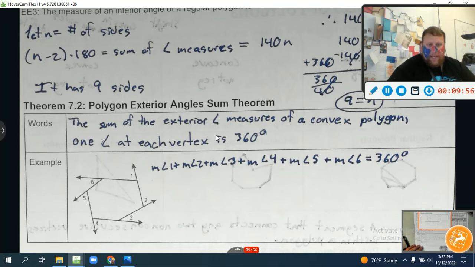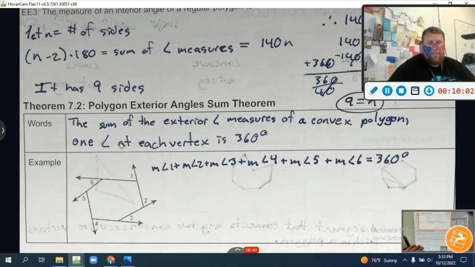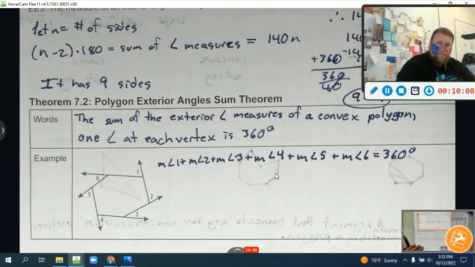It will always add up to 360 degrees on the outside. So the sum of the exterior angle measures of a convex polygon, one angle at each vertex, is 360 degrees. Okay, pause this, write it down.